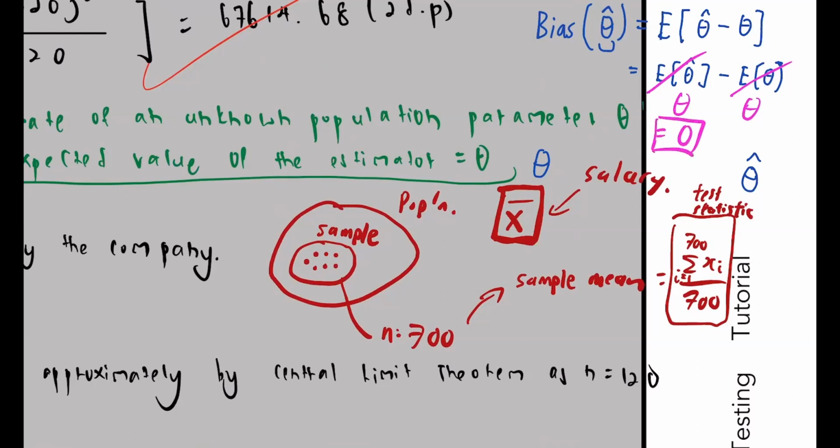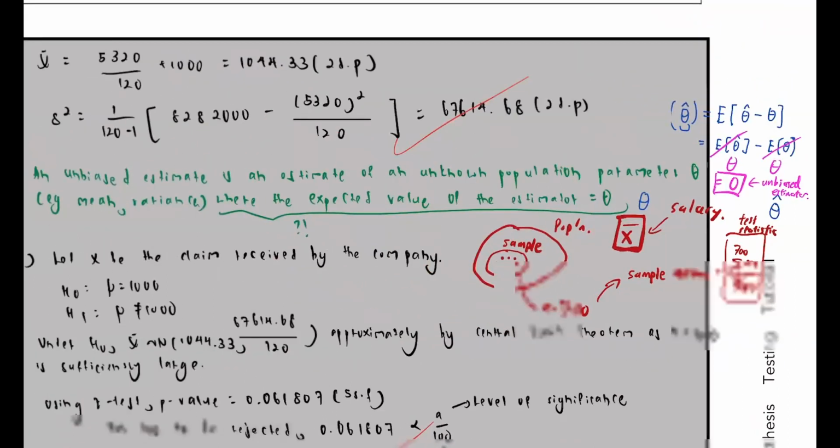When it is equal to 0, we call this an unbiased estimator. It's not in your syllabus. But basically, you come up with some magic formula, a test statistic, and then you take the expectation of it. Then you take the bias of it, and you realize it is equal to 0. Therefore it is unbiased.